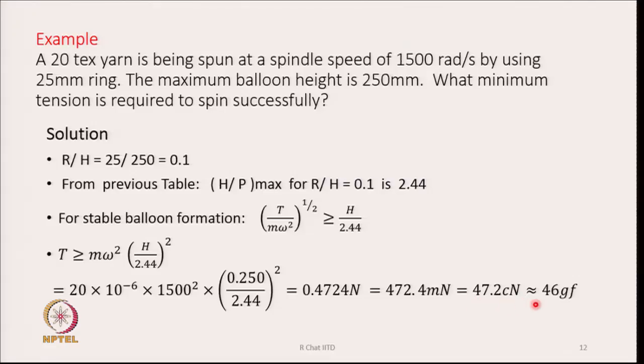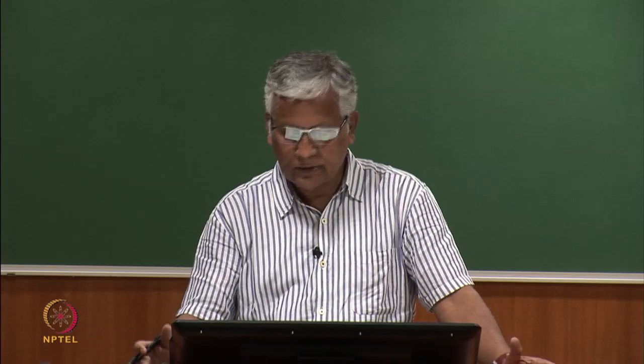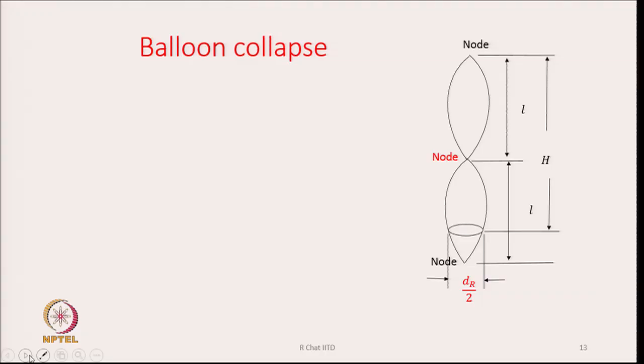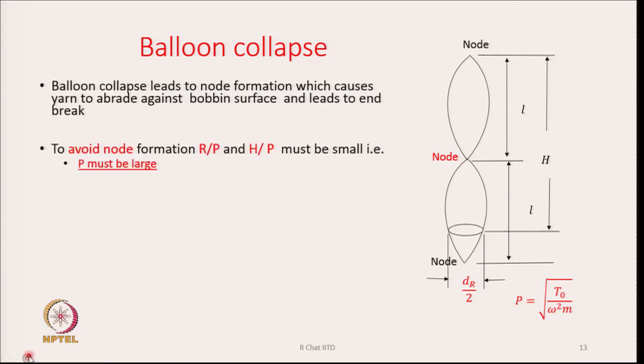I can keep it 50, it is still better, or 55, it is still better, but as I said, that does not mean the higher value I keep, the better it is, because if the tension in the yarn is too high, then the yarn also might start breaking, because some part of the yarn may be weaker than the spinning tension.